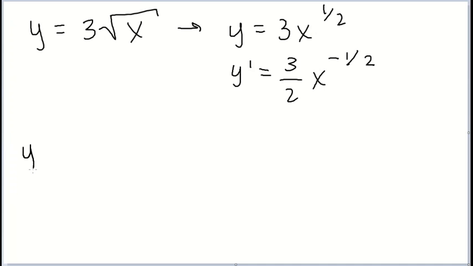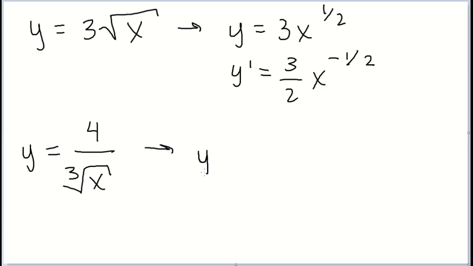Another example that we can look at is if we have a function y equals 4 divided by the cube root of x, and we want to find the derivative of this. Again, we're going to want to use some algebraic tools first to rewrite this into an easier form. The first thing that I see right here is that we have a cube root. And I know I can rewrite cube roots by taking whatever the base is and raising it to the 1/3 power instead.